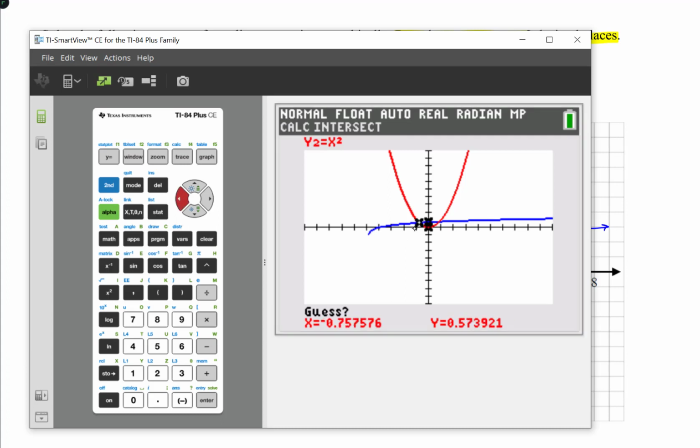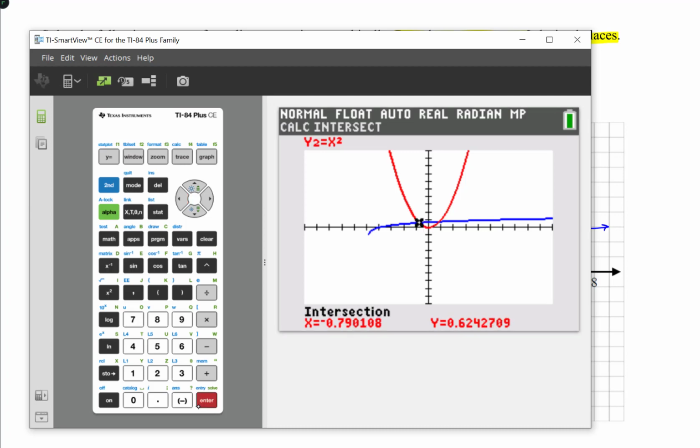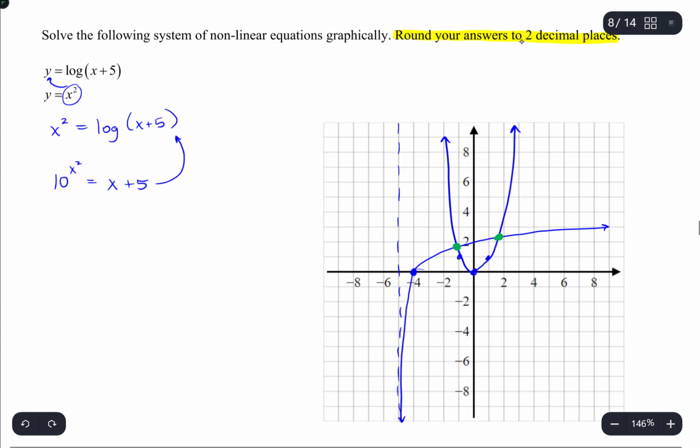So I'm just going to move my cursor somewhere close to where that intersection point is, and it'll run an algorithm and find it from that point. So it comes up with negative 0.79 and 0.62. So one solution is negative 0.79 and 0.62, an x and y coordinate pair.